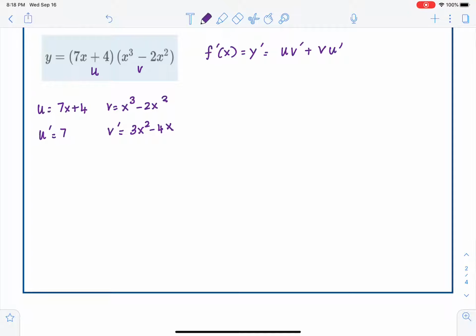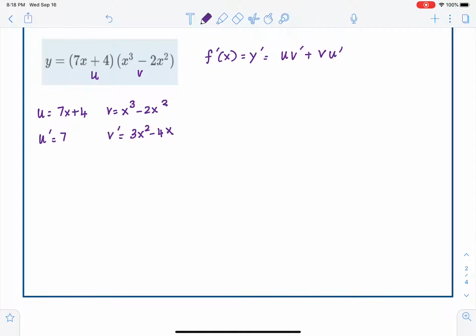So we can plug that in here. 7x plus 4 multiplied by v prime plus v and u prime, which is 7.